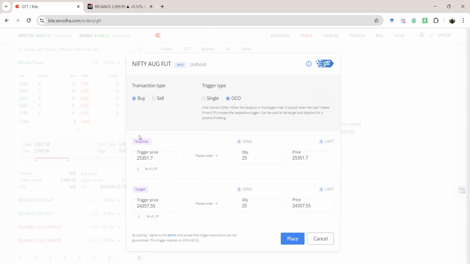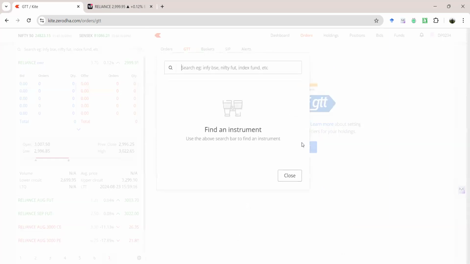I can use a stop loss order for buy and a target. So I can place my target also, and I can use my entry also. Suppose I have bought. I don't exactly know how it works because I don't use these GTT orders.